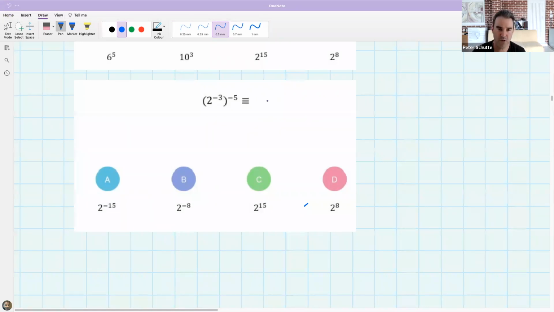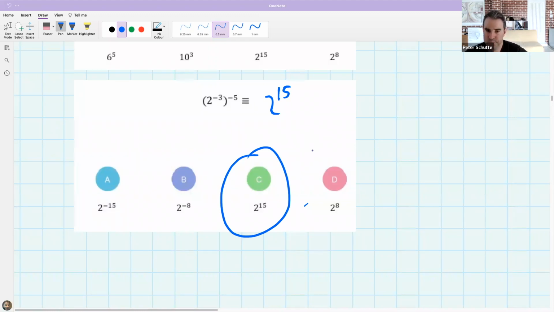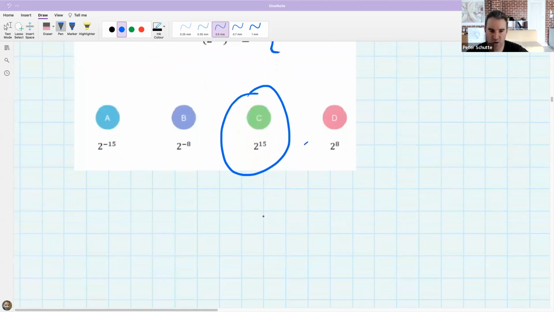Okay, so you guys know that you multiply these two powers, and -3 times -5 is just going to be +15, which is C. Awesome. This is like we're just rolling through this.